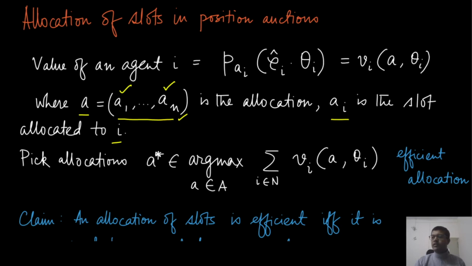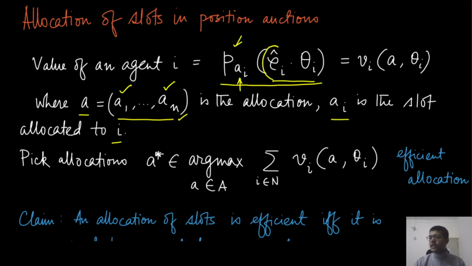So given that allocation, the value of an agent is going to be the following. Because player I has been allocated this particular slot, it gets the position effect of that slot, and then the estimated value from the point of view of the bidder.